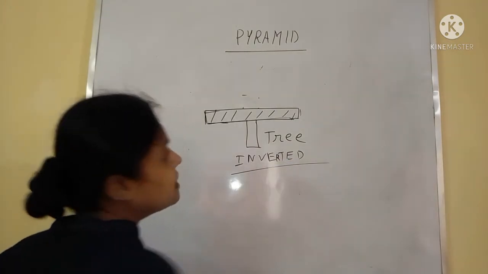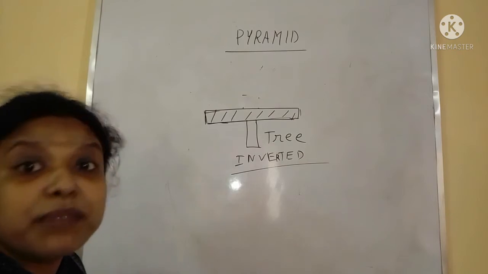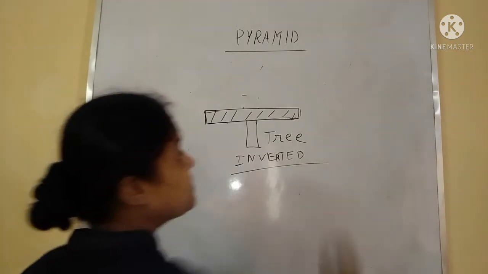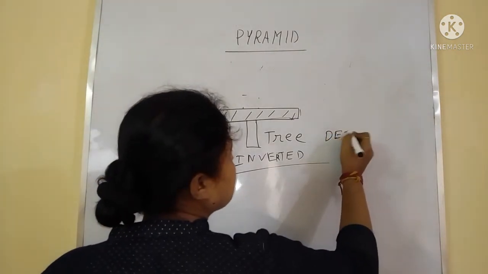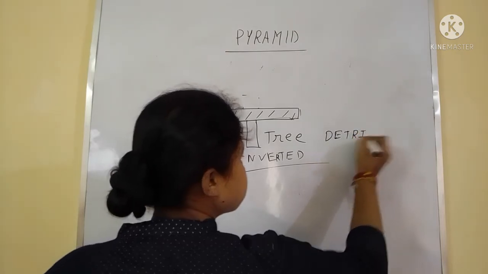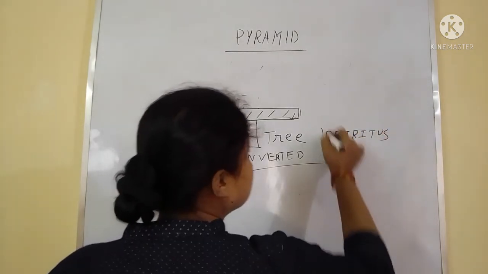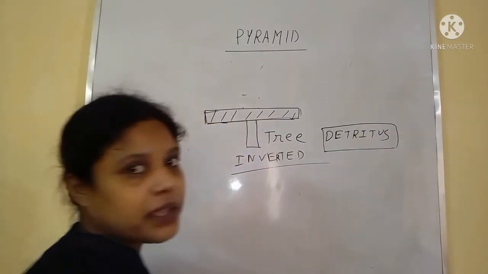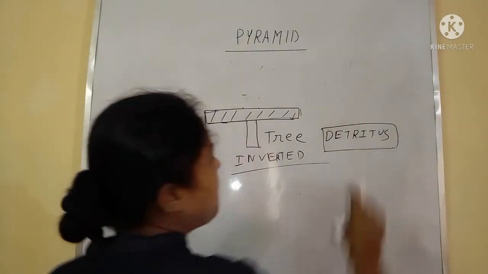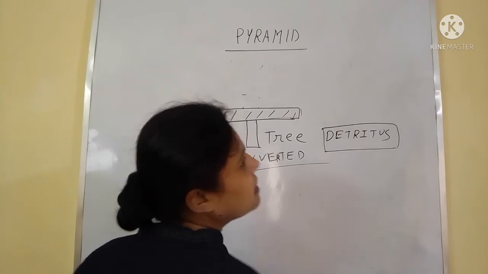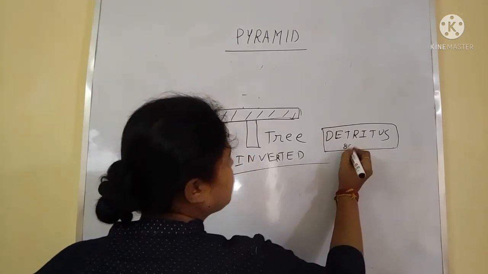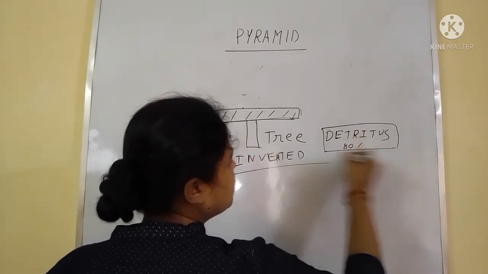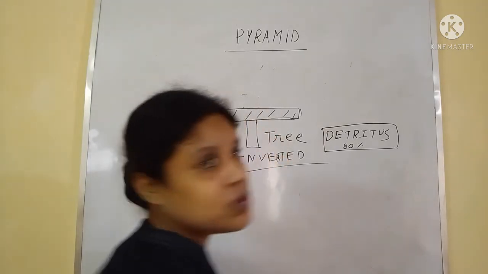Another example of an inverted pyramid is the detritus region. Here the energy is very high, about 80% energy produced by the detritivores.